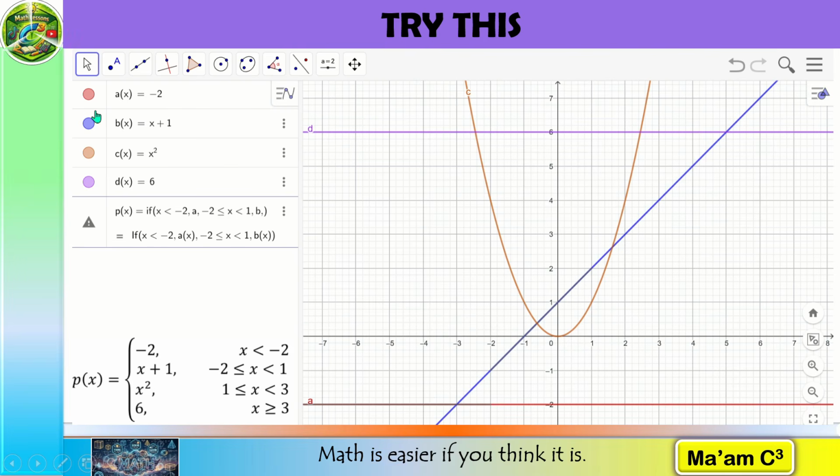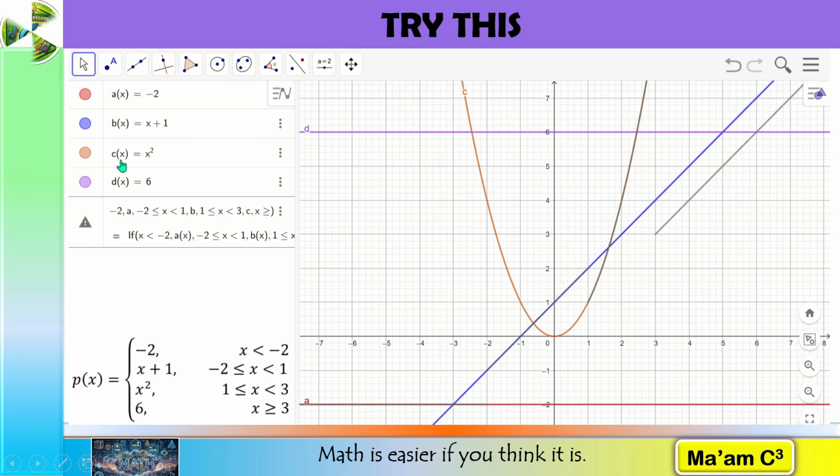Next condition, 1 less than, equal, x less than again, and then 3, comma. This condition is used for C of x. I'll type in C, and then comma. Last condition, x greater than, followed by equal sign, and then 3, comma.